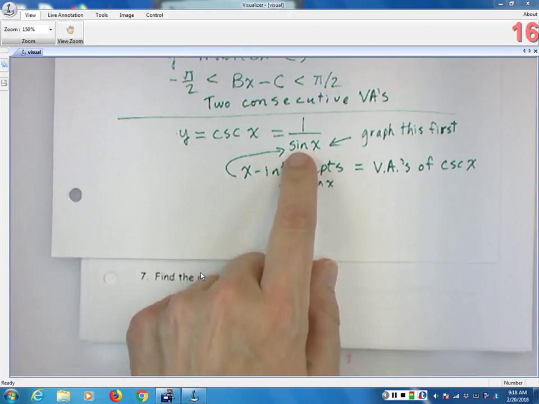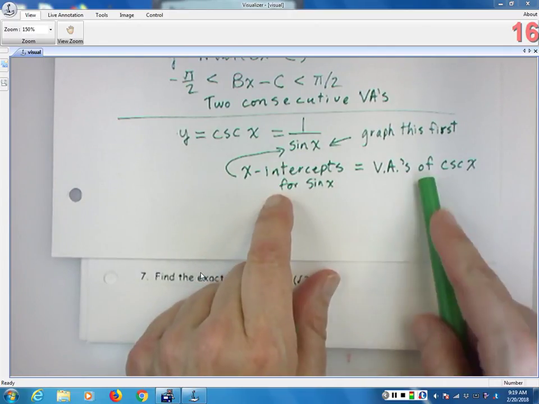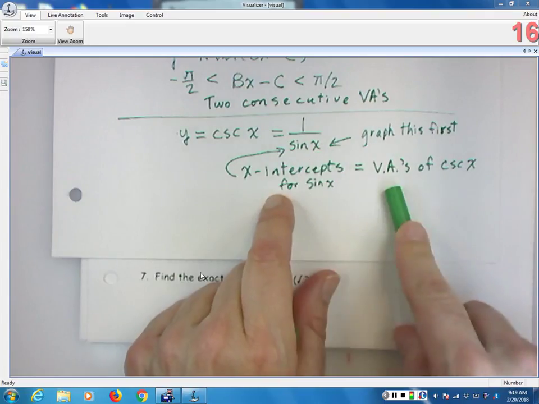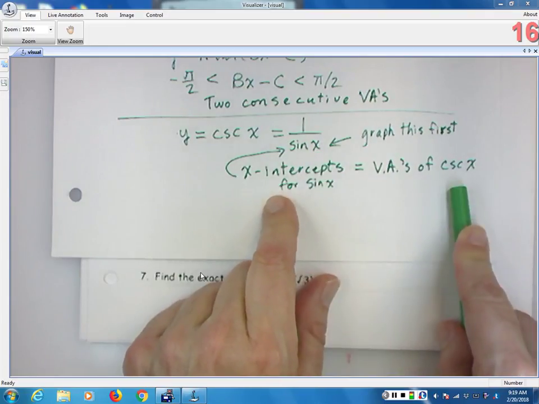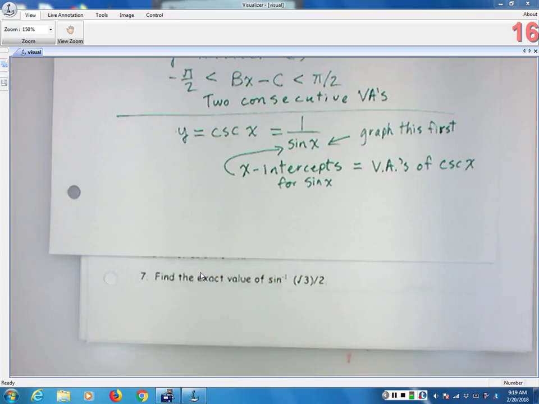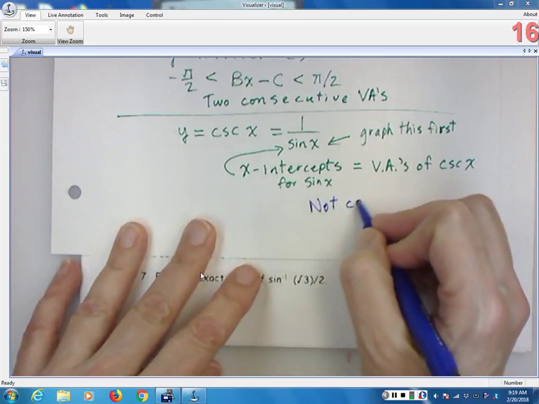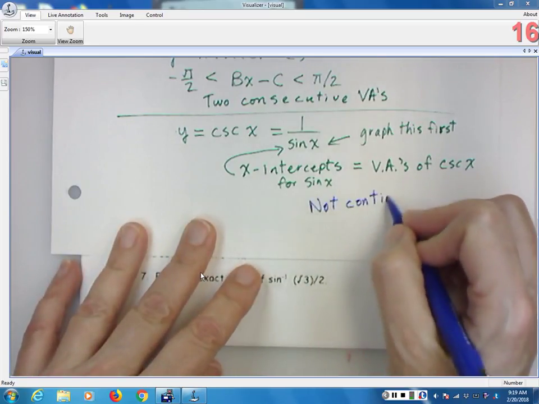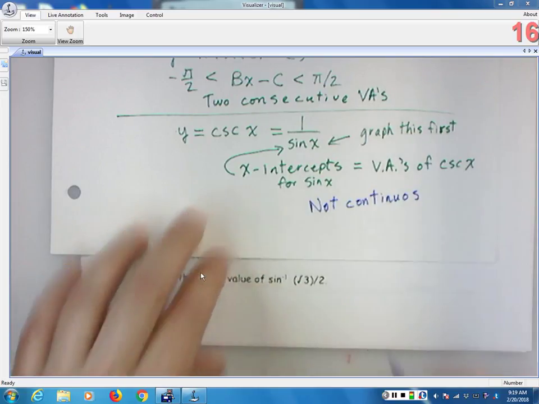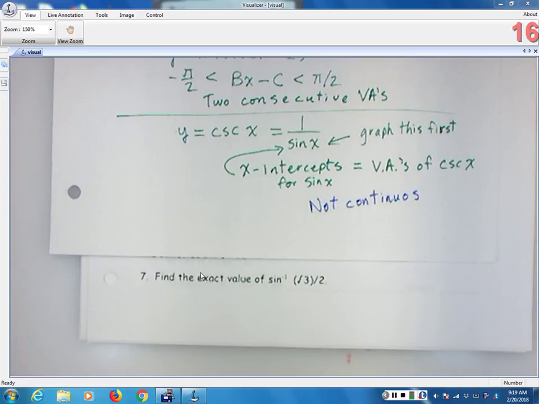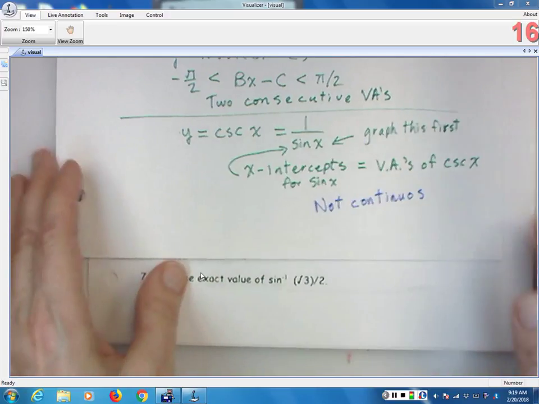Where sine equals 0, you're going to do 1 over 0, you're going to get a vertical asymptote. So cosecant is not continuous. Okay, so I'm not going to ask you to graph it, but you would graph sine x first and then cosecant.